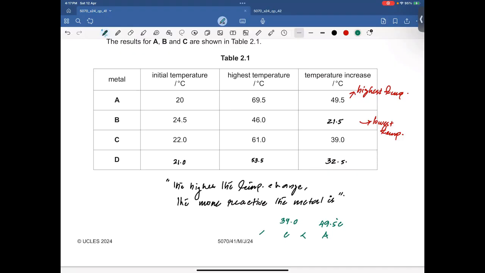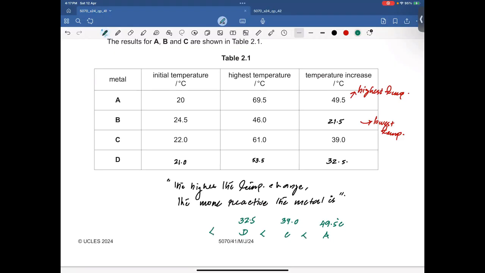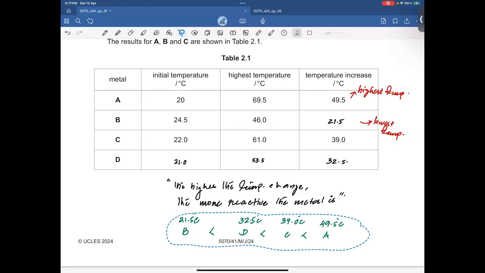Less than that is D, which is 32.5, and the lowest and the least reactive metal is B, which is 21.5 degrees Celsius. Okay, let me copy this arrangement because I'm going to use this arrangement later on.